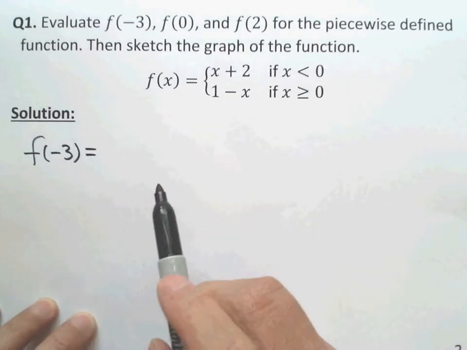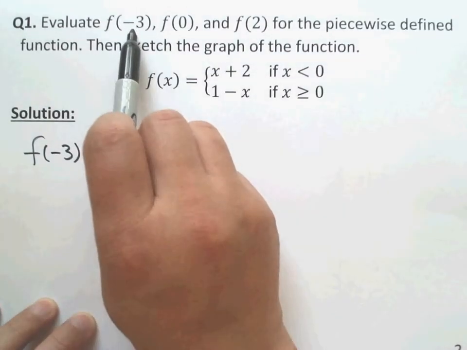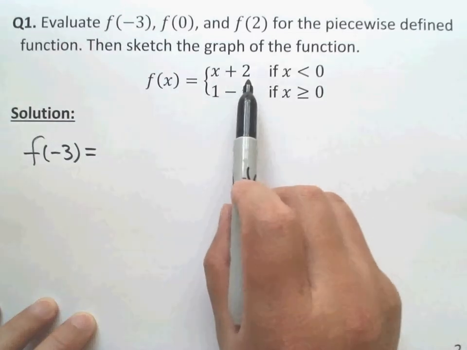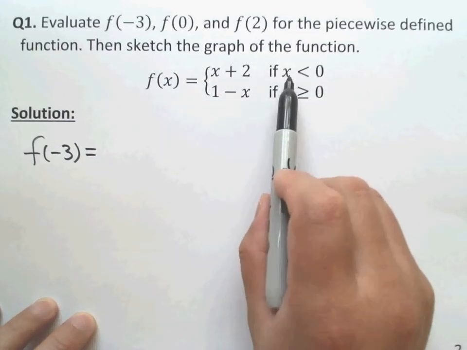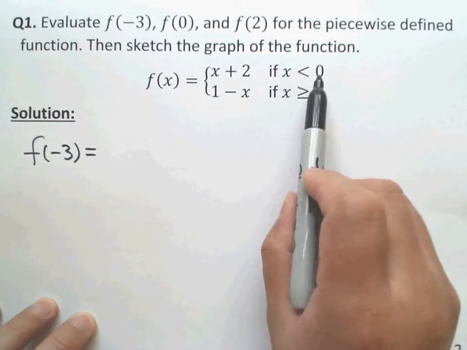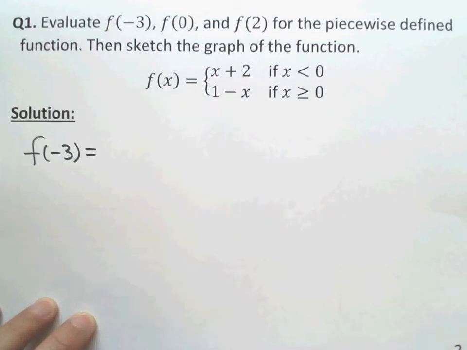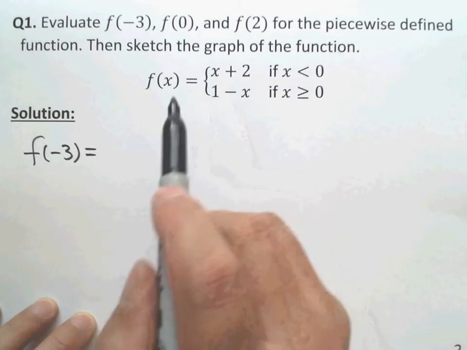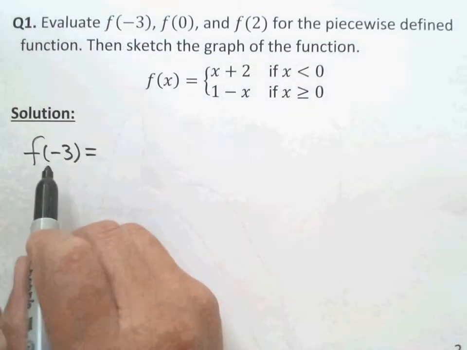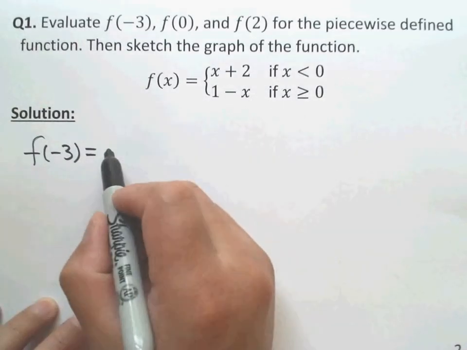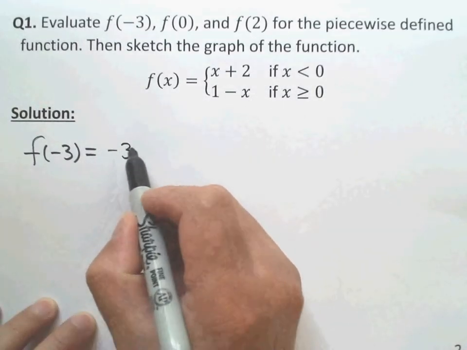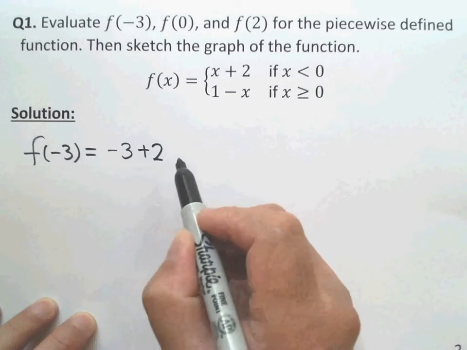When x equals -3, which piece do we use? Since -3 is less than 0, we use the first one. Evaluate the first part: x is now -3, so -3 plus 2. What do we get? We get -1.